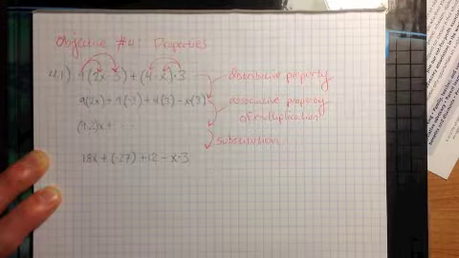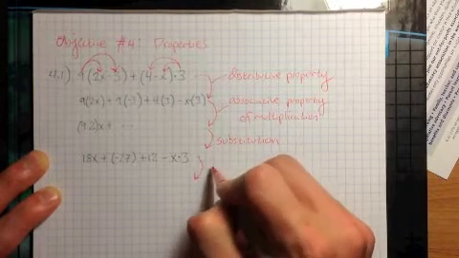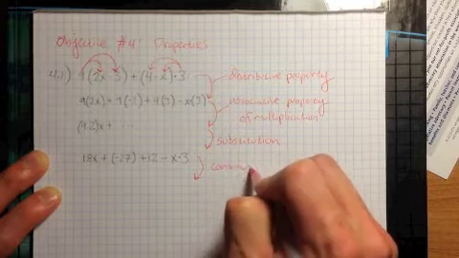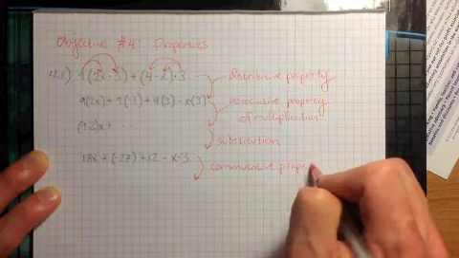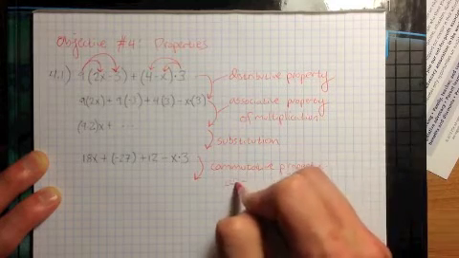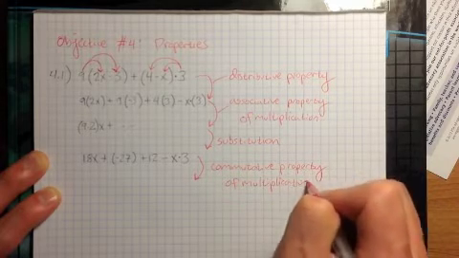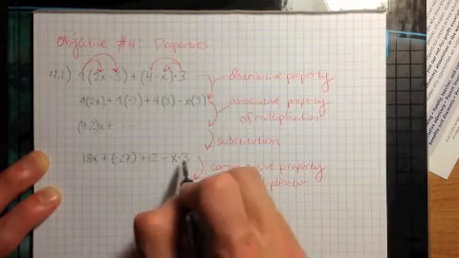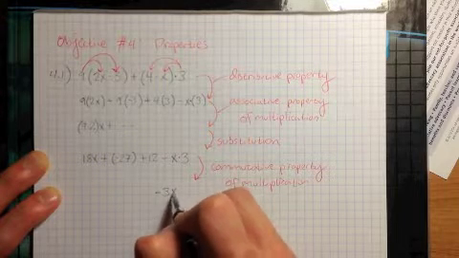Now, let us use the commutative property of multiplication to flip this around: negative 3 times x.